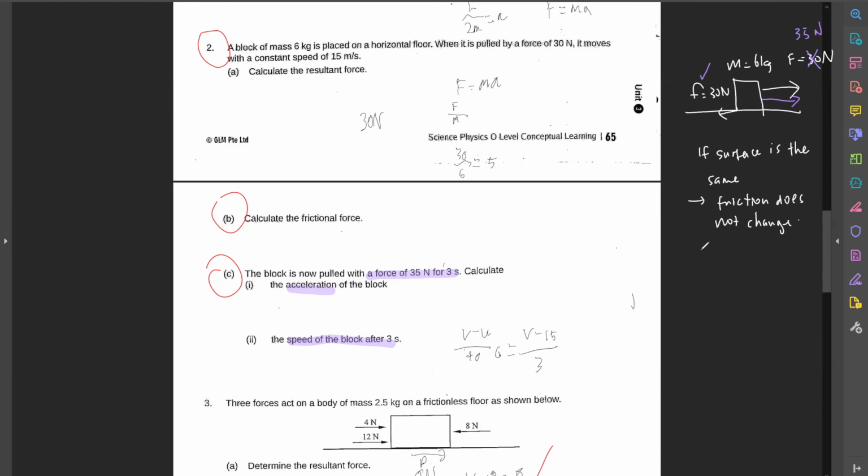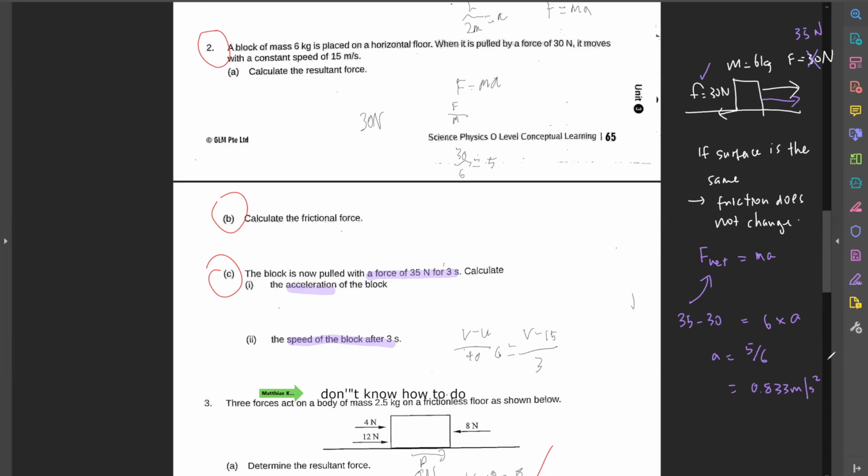Then they want acceleration. That means resultant force is mass times acceleration. Resultant force is 35 minus 30. Mass is 6. Acceleration is 5/6. But science needs decimal place, so your answer should be in 3SF. 0.833.